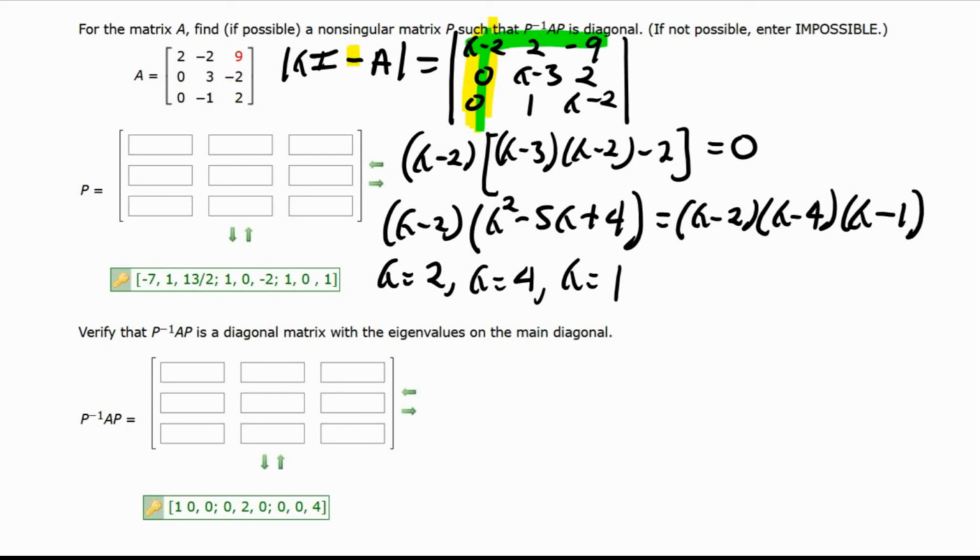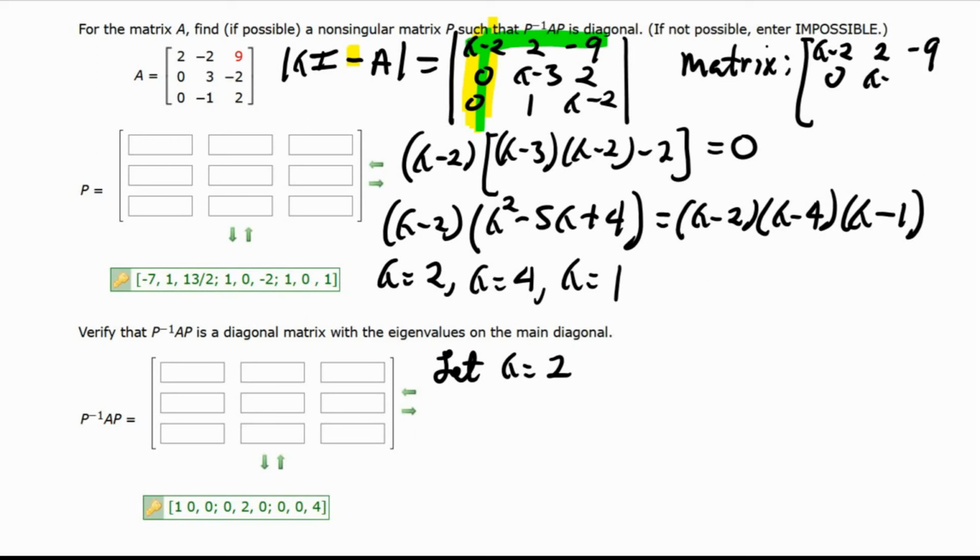Here, let lambda equal 2 and plug that into the matrix of lambda minus 2, 2, -9; 0, lambda minus 3, 2; 0, 1, lambda minus 2. So we plug in lambda equal to 2.